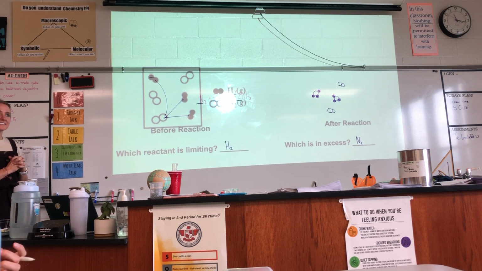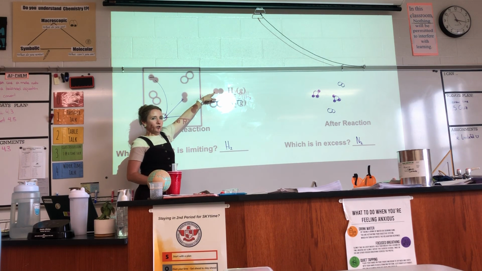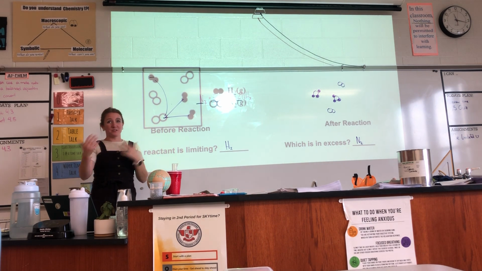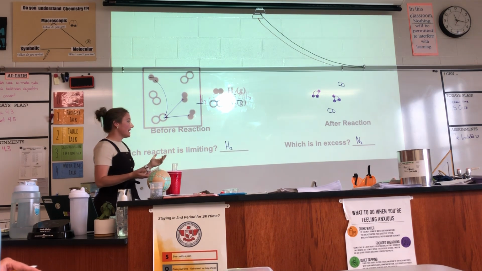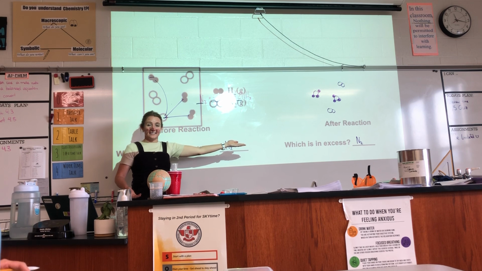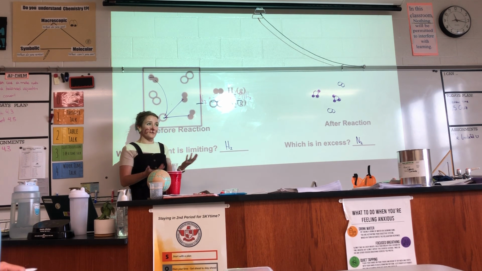So like in this one, if I added in another H, could I make more product? Not yet, right? Because I need a 3-to-1 ratio. And so, yep, you can have more than one in excess. In a sense, the limiting can also sometimes be the excess, because it's just about which one you ran out of first in terms of the ratio.